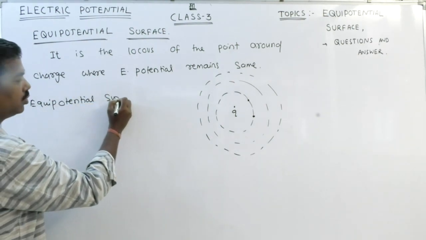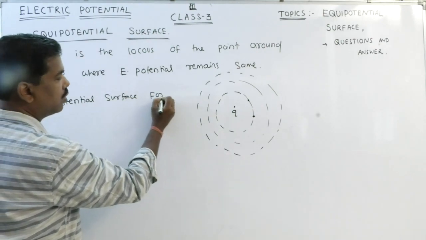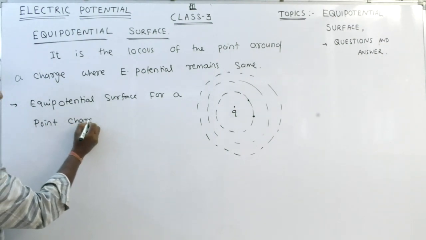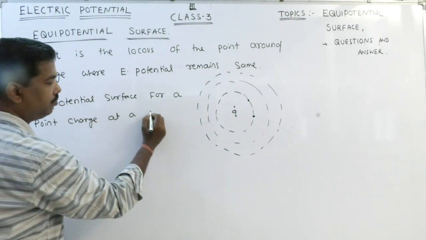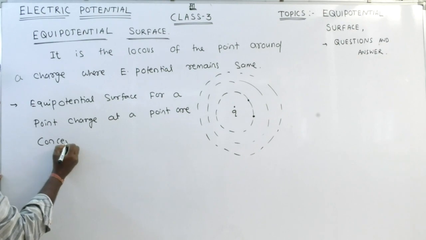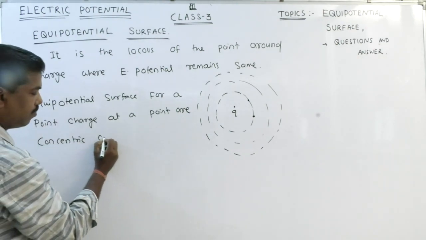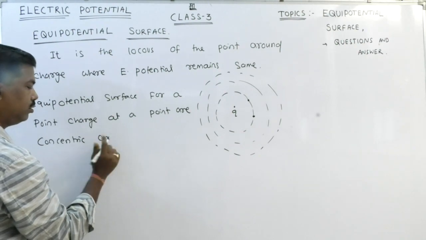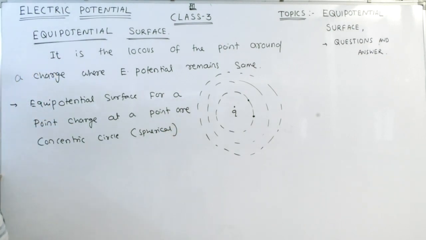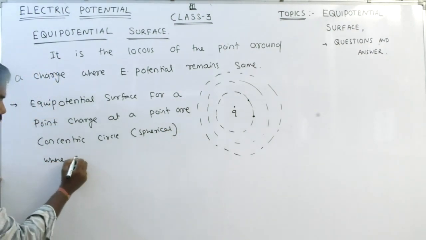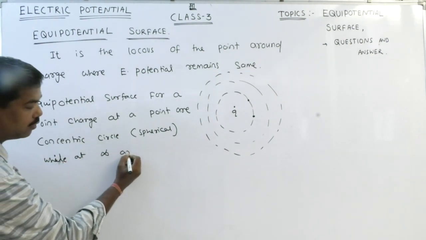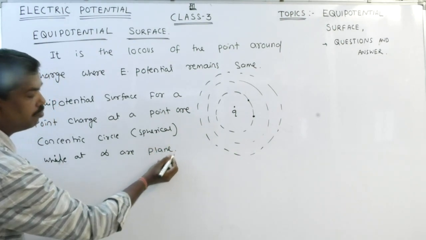Equipotential surfaces for a point charge at a point are concentric, spherical, while at infinity they are plane.